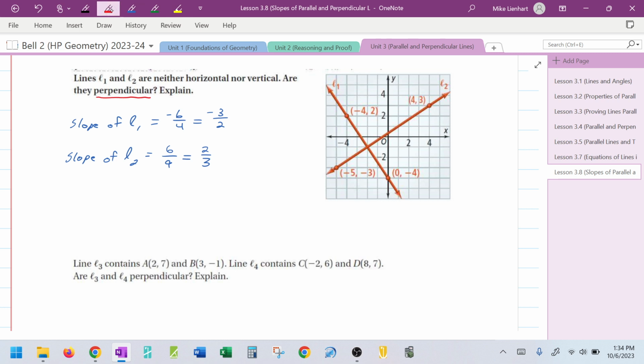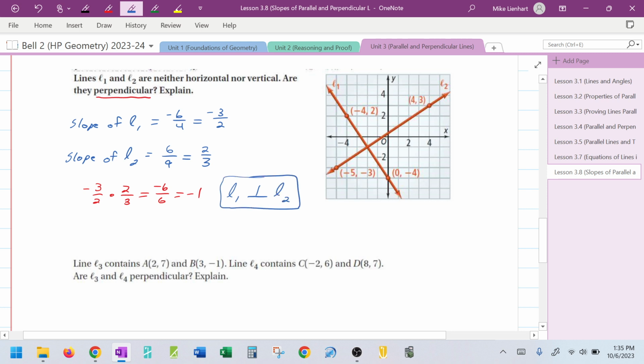If I were to take the slope of L1 and multiply it with the slope of L2, I get negative 6 over 6 or negative 1. That is confirming to me that L1 is perpendicular to L2. And it says explain. All this work is my explanation.